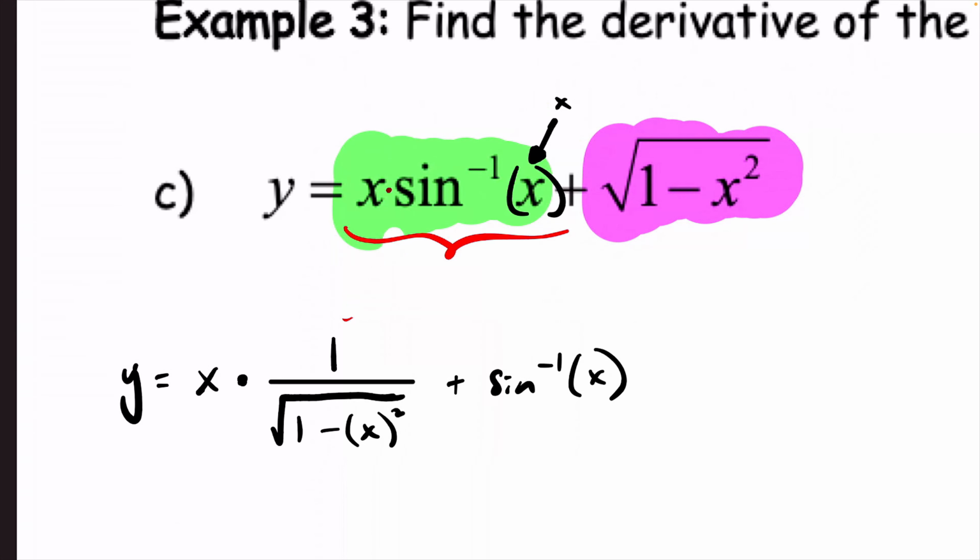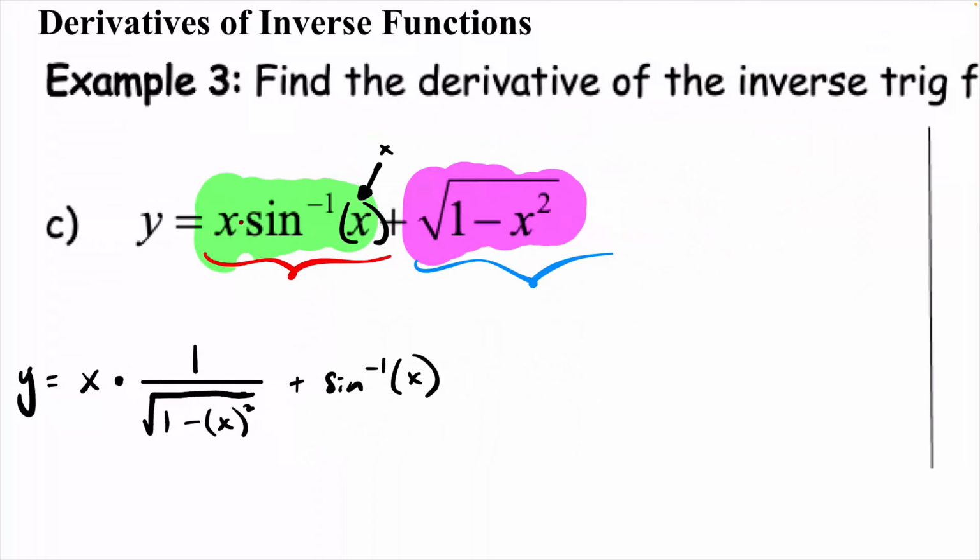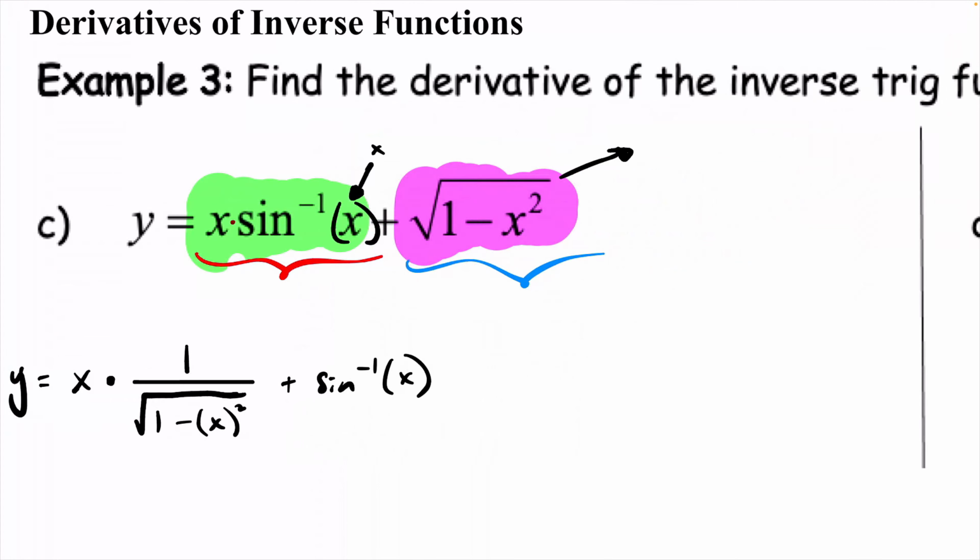Okay, so now let's do the derivative of this guy. Well, it's got a root, so I got to change it. Okay, so I'm going to change this guy to not have a root, so 1 minus x squared to the 1/2 power.